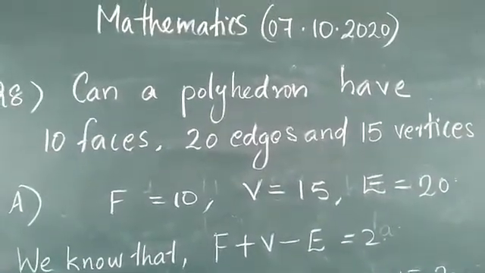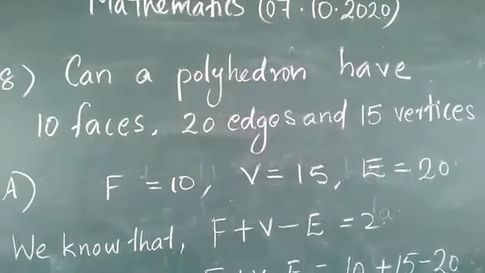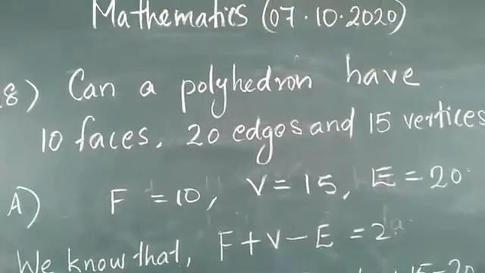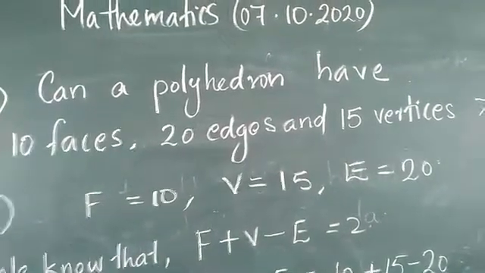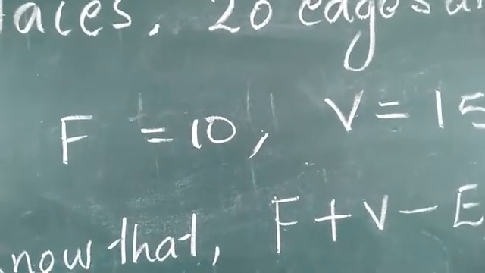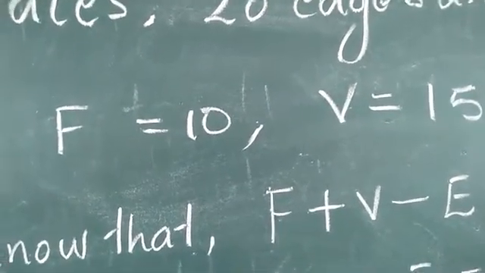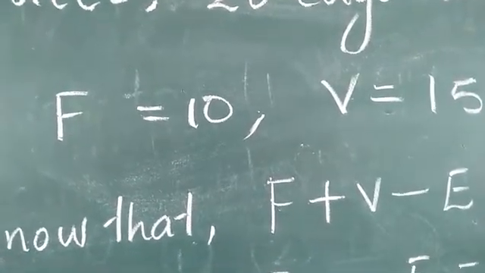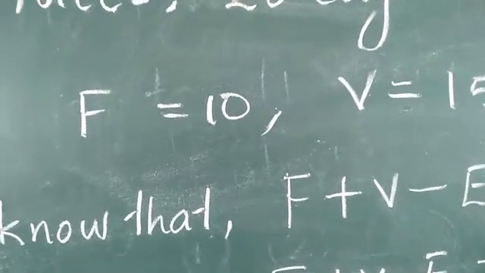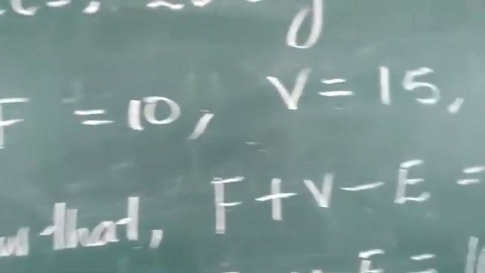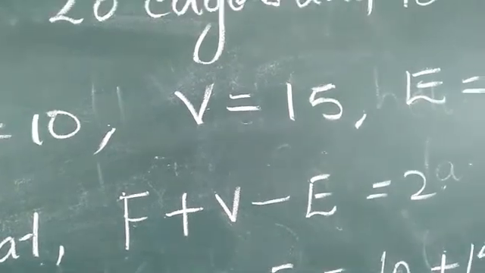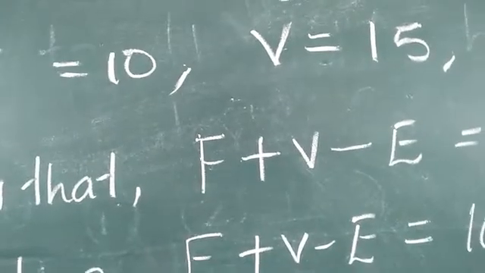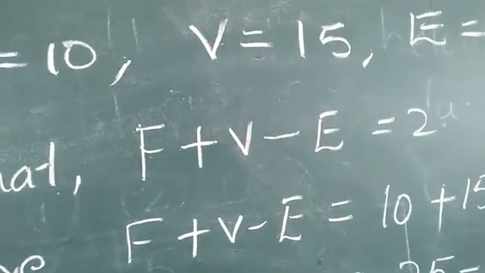Next question. Can a polyhedron have 10 faces, 20 edges and 15 vertices? How can we decide whether it is a polyhedron or not? We can check whether Euler's formula holds here. So, F is equal to 10, V is equal to 15 and E is equal to 20. We can substitute the values in Euler's formula.